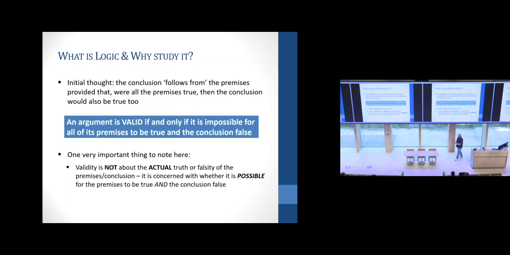Let me add, before we talk about these arguments, something very careful and important about the notion of validity. It only applies to arguments. We do not say that premises are valid. We do not say conclusions are valid. Validity is a property of arguments. Similarly, we don't talk about arguments being true or false.